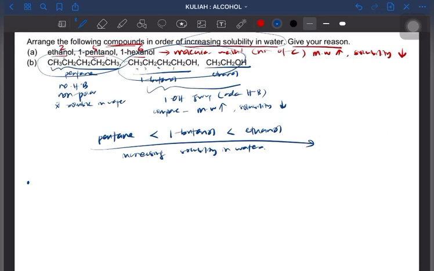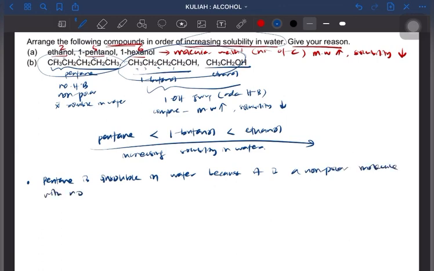Okay, so dekat sini pentane ni, so kita kata kat sini pentane is insoluble in water. Okay, because it is a non-polar molecule with no hydrogen bonding. Okay, so bila dia tak ada hydrogen bonding, dia tak boleh lah nak form bond dengan water molecule.